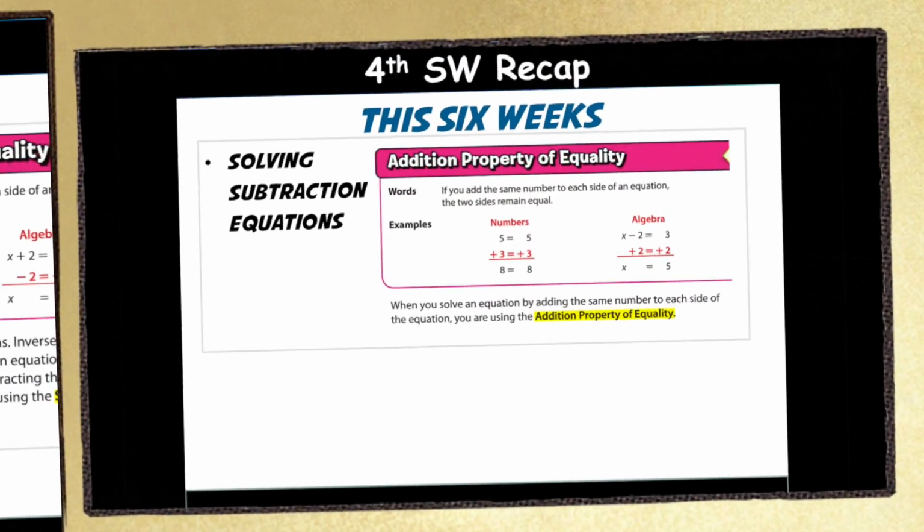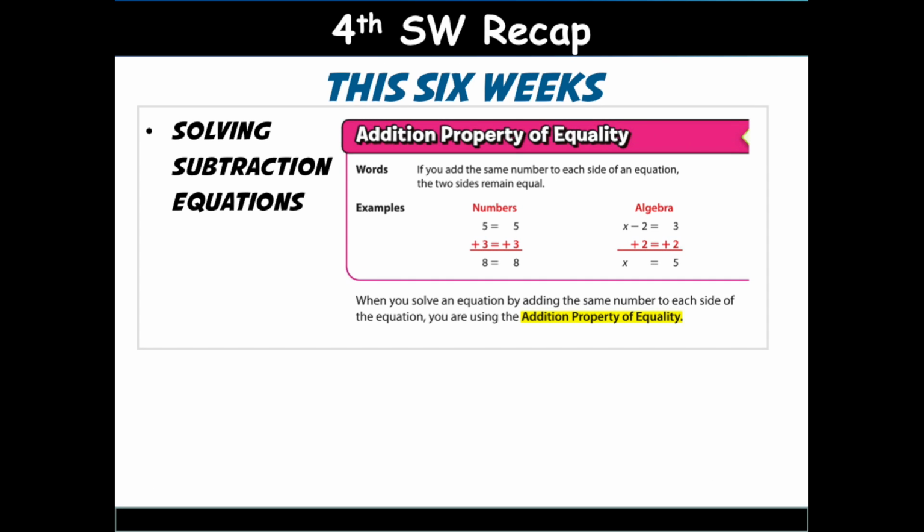Now with the subtraction of variables, you would do the opposite there as well. So you would do the inverse. If it's a subtraction problem, you're going to add. For example, here, look on your right, x minus 2 equals 3. So I'm going to do the opposite of minus 2. Instead of subtracting 2, I'm going to add 2.